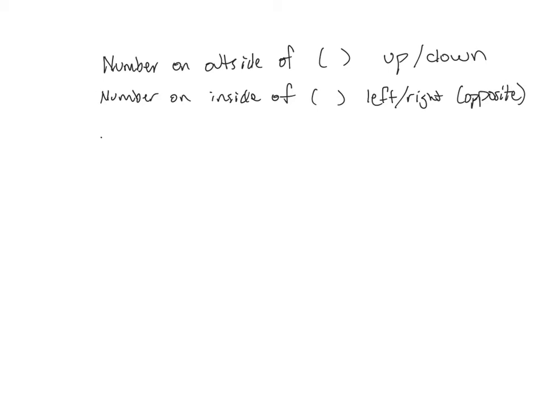Okay, so we have three different transformations. First, we have a translation. A translation moves up, down, left, or right, like in a straight line, depending on where the number is.